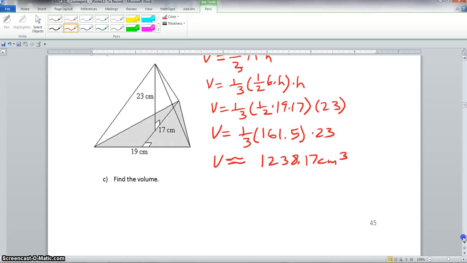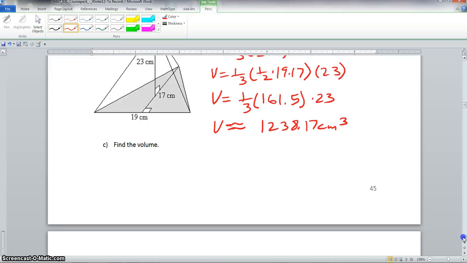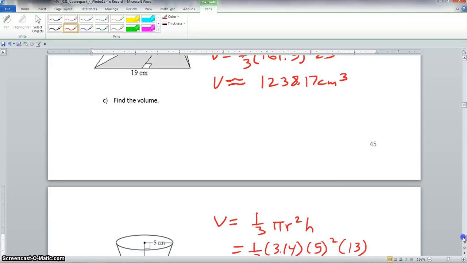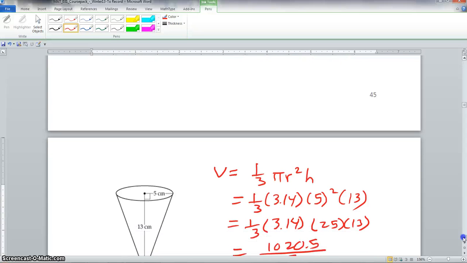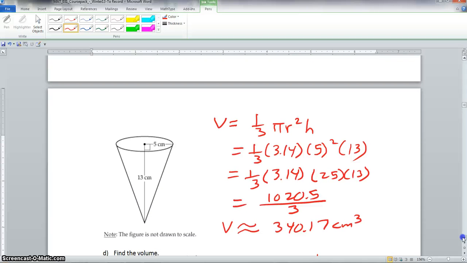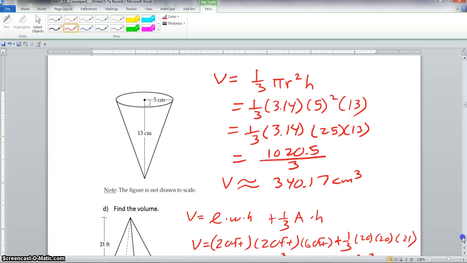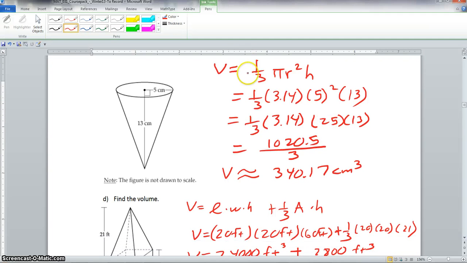Okay, now we go down here. We have C. It says find the volume. Now we're finding the volume of this cone. So we have the volume of 1/3 pi radius squared h, because it's 1/3 of a cylinder. So it'll be 1/3, pi will be approximately 3.14. The radius, as you see here, is 5 centimeters.